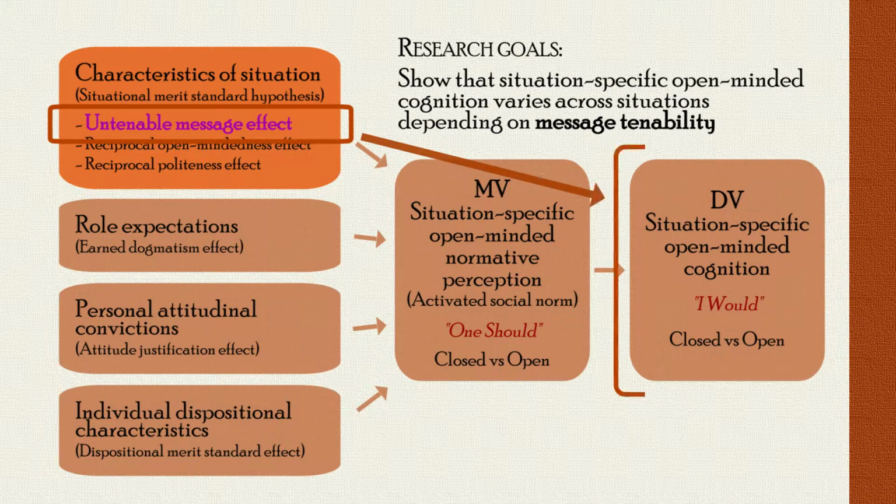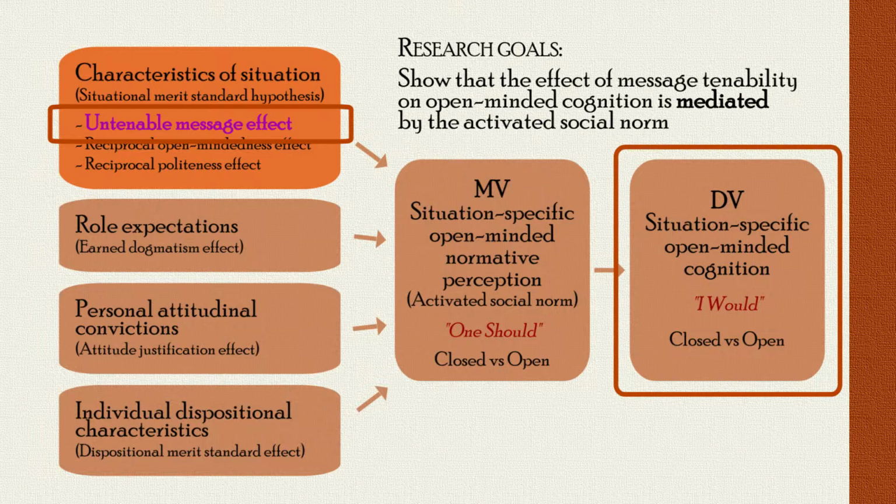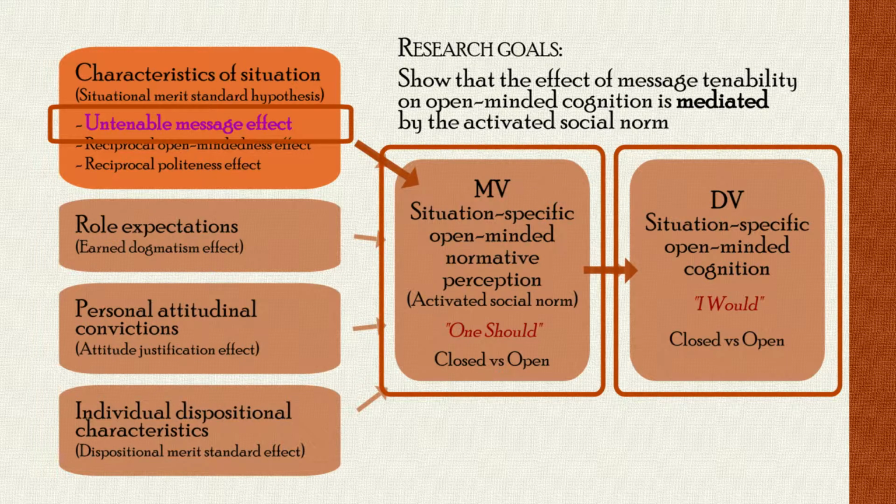We also wanted to show that open-minded cognition is malleable, that it varies across situations, depending upon what we call message tenability, which will be more clear in just a few moments. And then lastly, to demonstrate that the effect of this situational cue, message tenability, on situation-specific open-minded cognition is in fact mediated by the activated social norm.